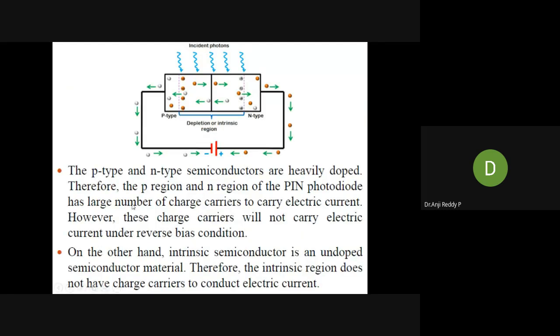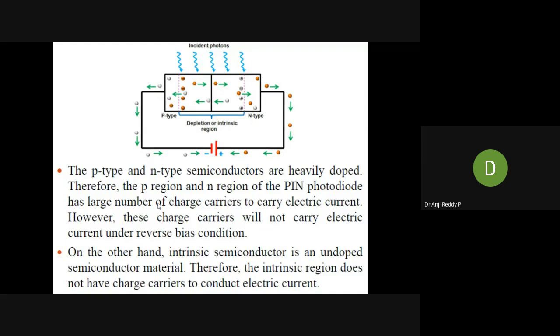See, next one. Whatever P type and N type we take here, those are heavily doped. What is the meaning of heavily doped? If P type is heavily doped, what is the advantage? It has more charge carriers, that means holes.